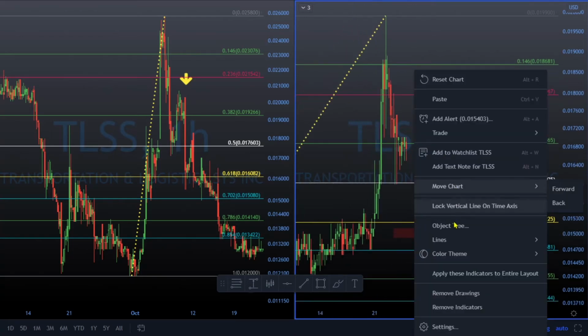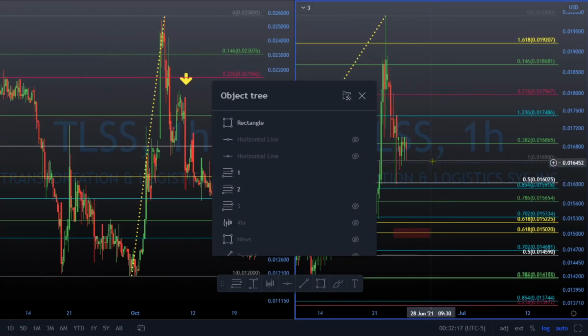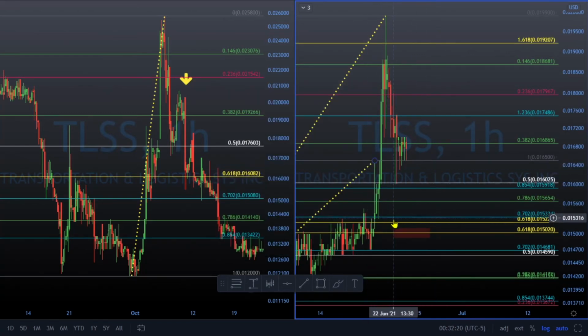I can actually just turn that back on. 0.702, 0.618. Anywhere kind of in this range, right? Anywhere kind of in here is where this could come down to.